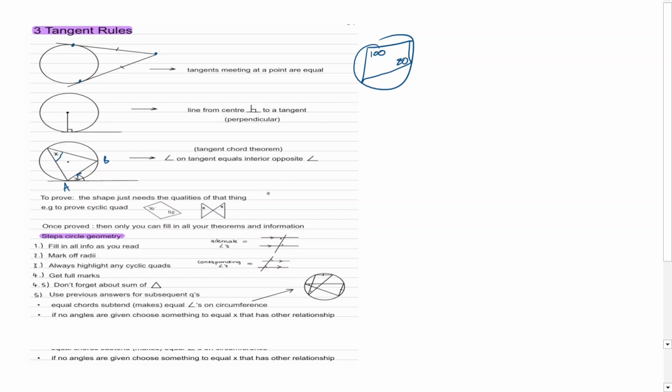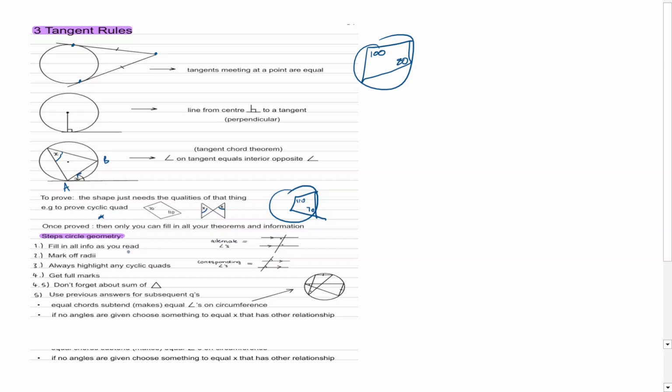But if you're trying to prove some random shape, so here's your circle, but you've got a quadrilateral just randomly here, then if you can prove that random shape has opposite angles that add up to 180, or if you can prove that it's got that bow tie, that angles in same segment, therefore conversely it must be a cyclic quad. And so just keep that in your back pocket.